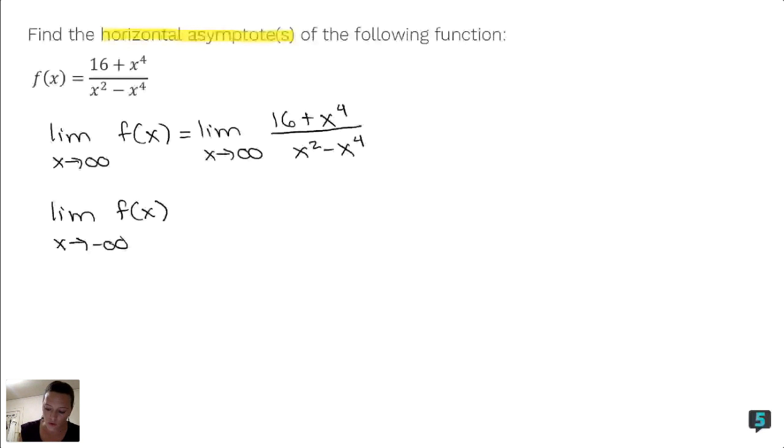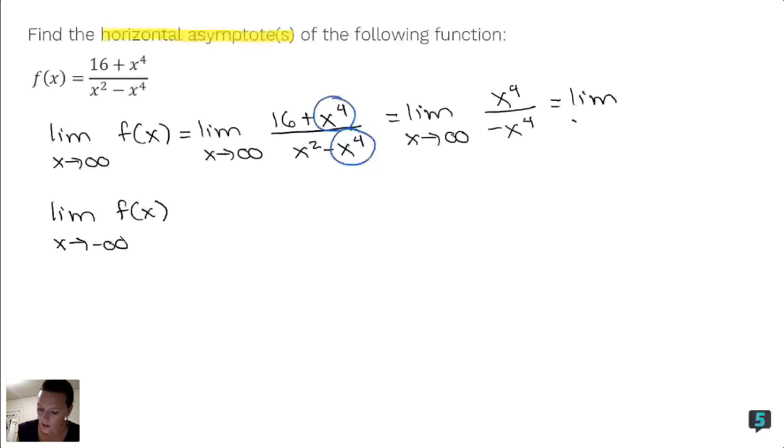So we are just looking at that x to the fourth over negative x to the fourth. This is one of my situations where the numerator and the denominator, their exponents are equal. When we simplify this, we are simply looking at the ratio of their coefficients, which would be -1. Boom.